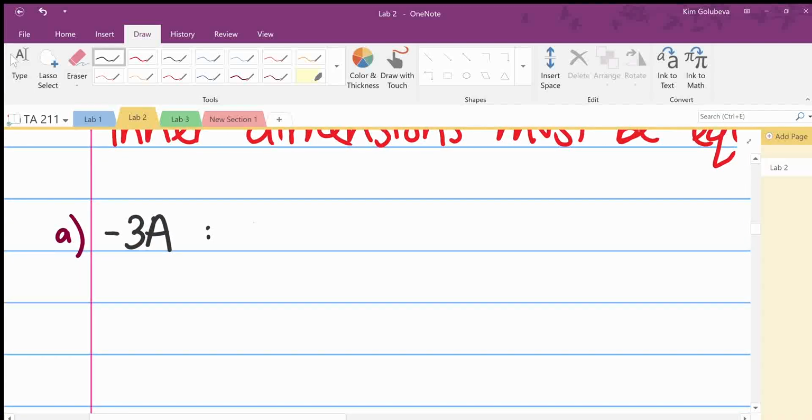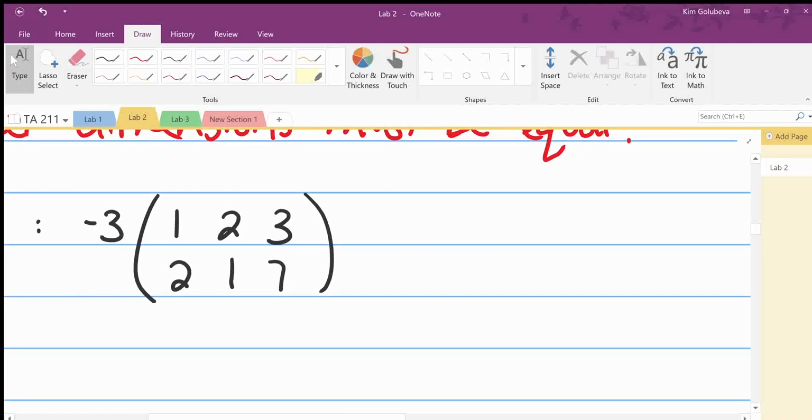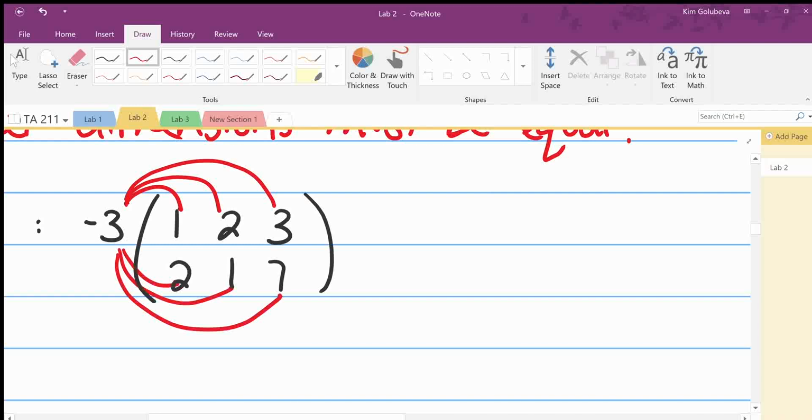So we have -3 times 1, 2, 3, 2, 1, 7. The way that you do this when you're multiplying a scalar into a matrix is you literally just distribute the -3 amongst all of the entries.